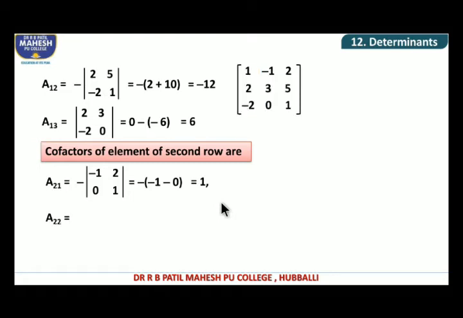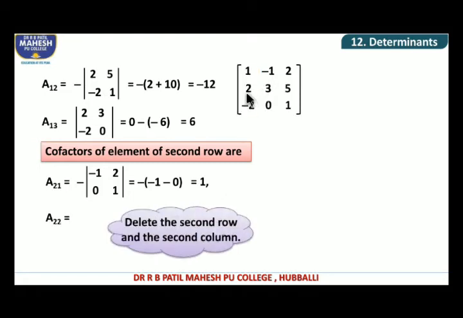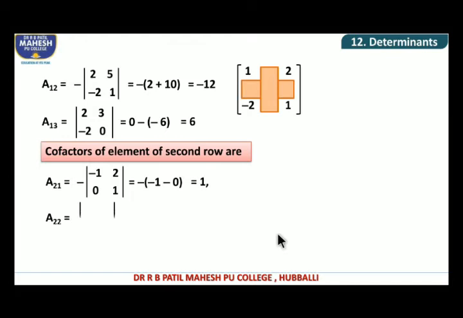And for A22, here we have to delete the second row and second column, and for this one we have the sign plus, so plus into the determinant 1, 2, minus 2, 1, and we have to multiply: 1 into 1 is 1 and minus of minus 2 into 2 is minus 4, so that is 1 plus 4 is equal to 5.